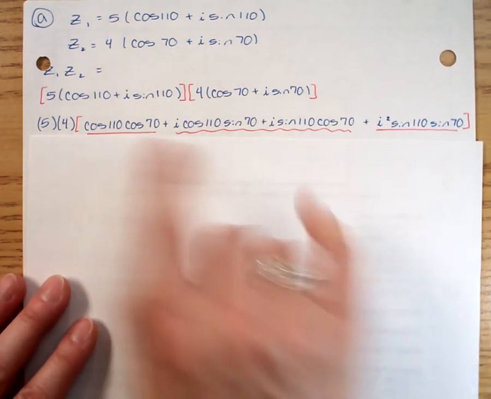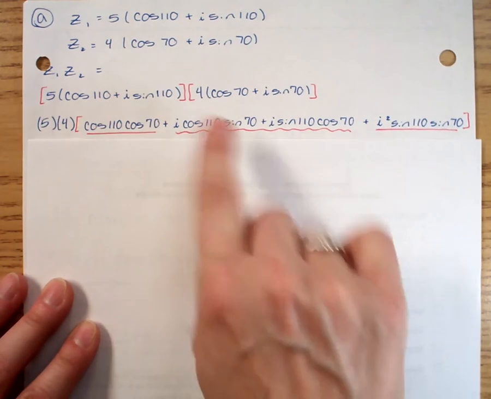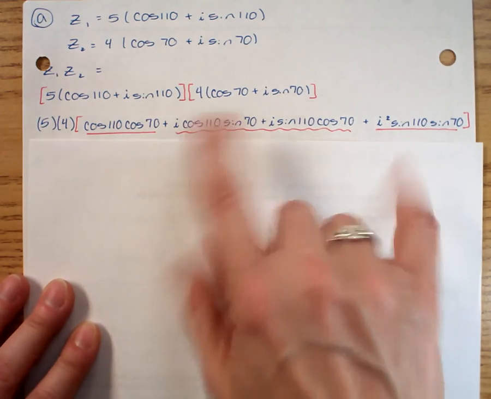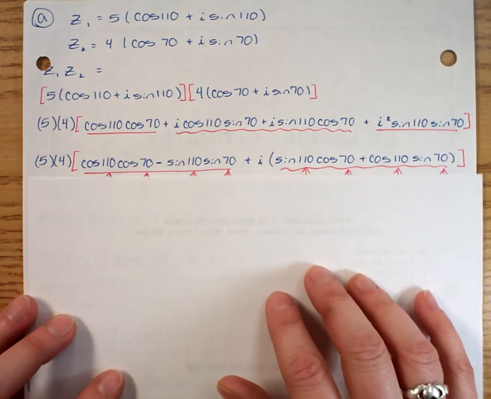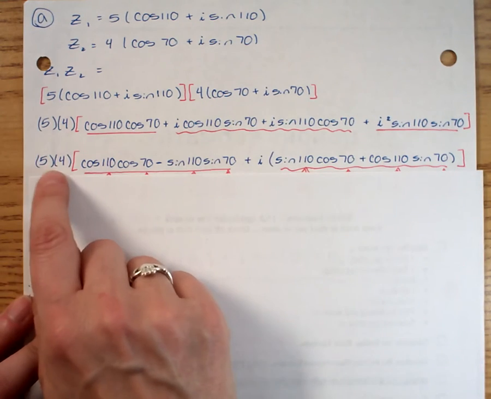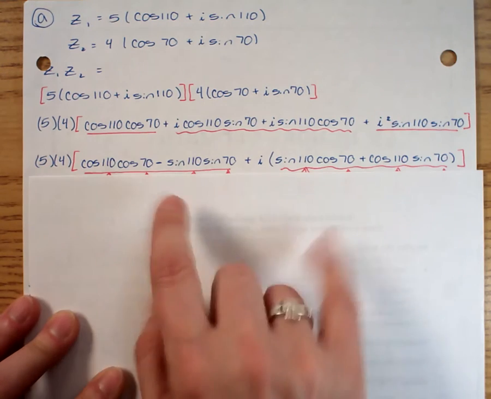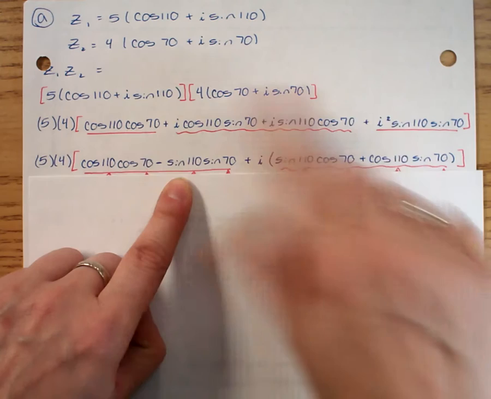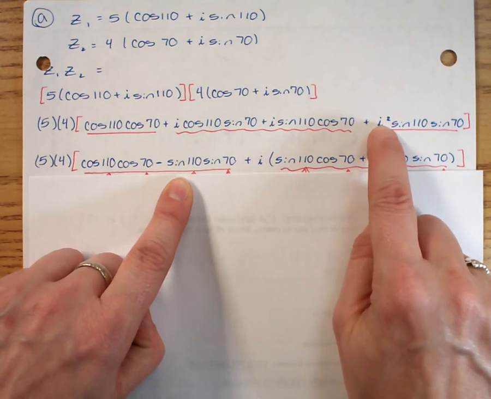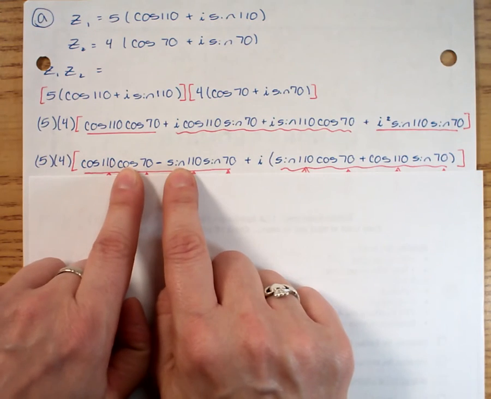Now you can see that I've underlined these two and I've kind of squiggled this one. So I'm going to rearrange and do a little grouping in the next step. And again, I've kept this as the 5 and the 4 so you can see those separate. So if I group these together and I remember that I squared is a -1, then it can be written like this.